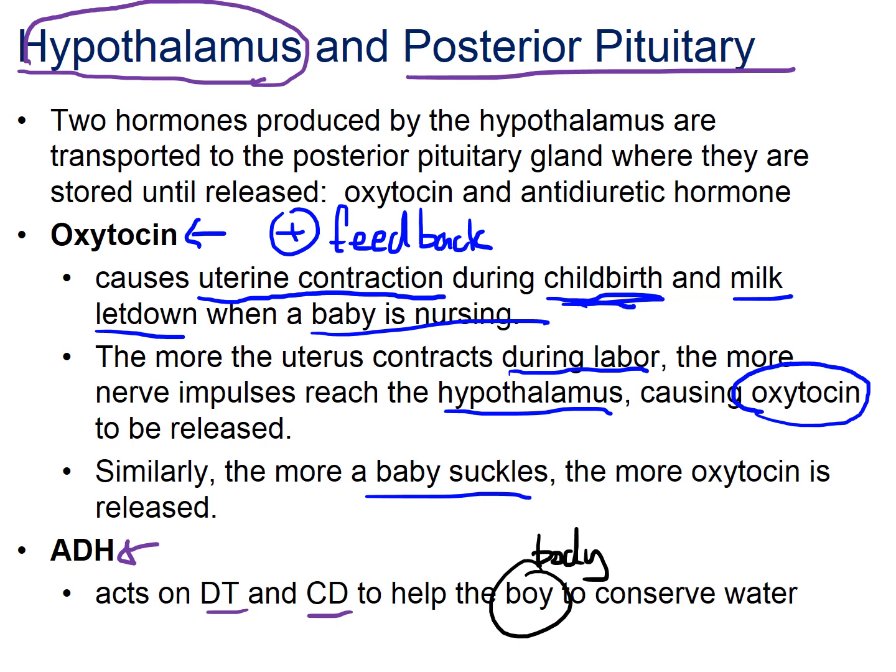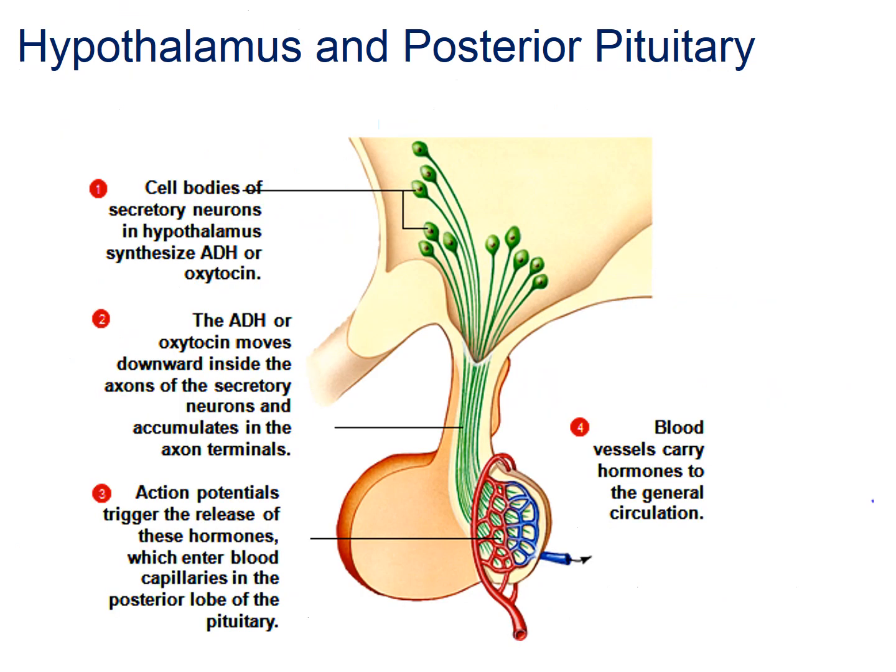Okay, so that's oxytocin and ADH. They are both hormones made in the hypothalamus, but then stored and released from the posterior pituitary gland. This is a diagram that goes through the steps of how hormones are made in the hypothalamus and how they're transported down to the PP.